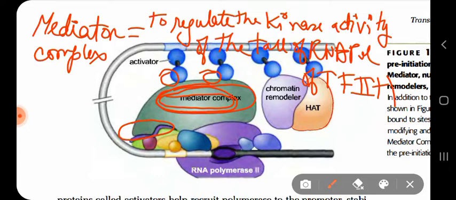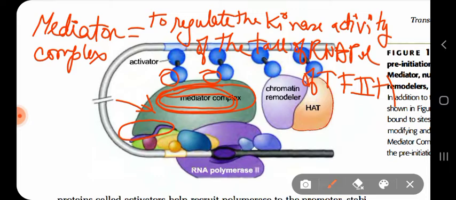And it has been observed that if there is loss of expression of the proteins which make up the mediator complex, then it leads to loss of expression in the transcription process.